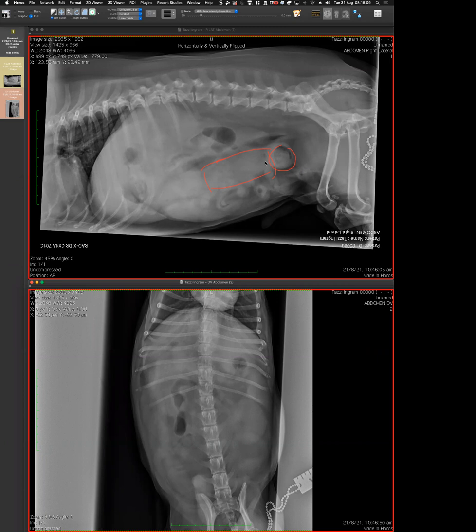I'm also interested in this soft tissue opacity here. I don't know what it is. And interestingly, this gas opacity here looks like it could line up with this possible bowel, but it doesn't quite. So I don't know what it is.